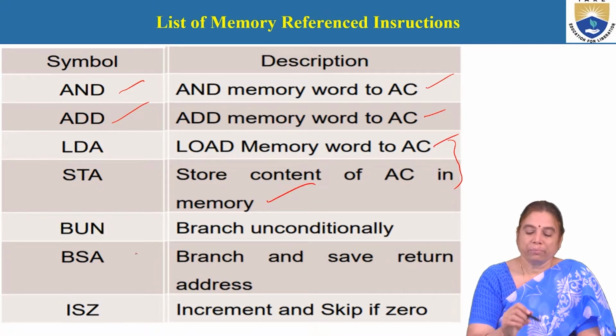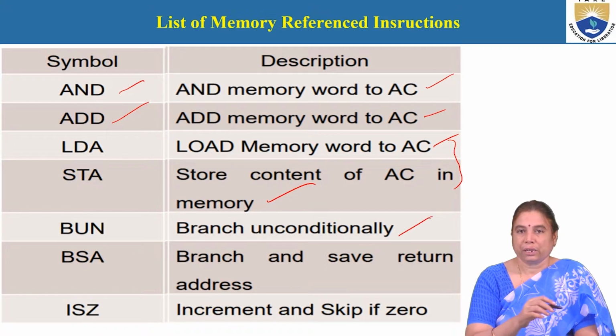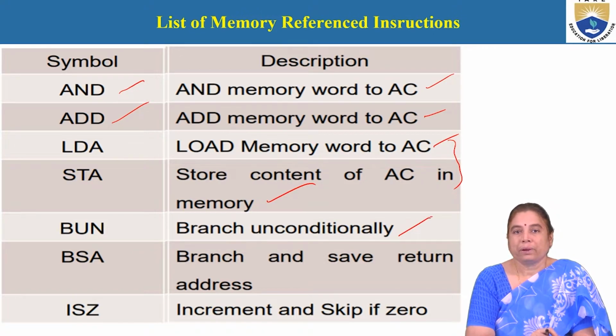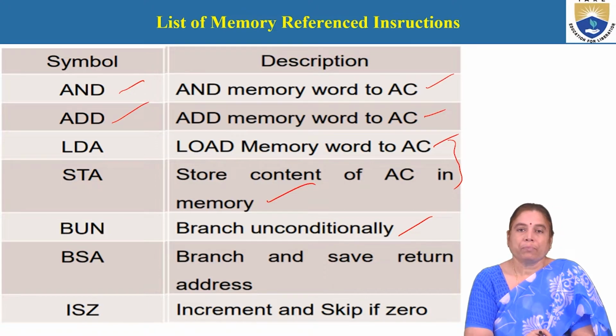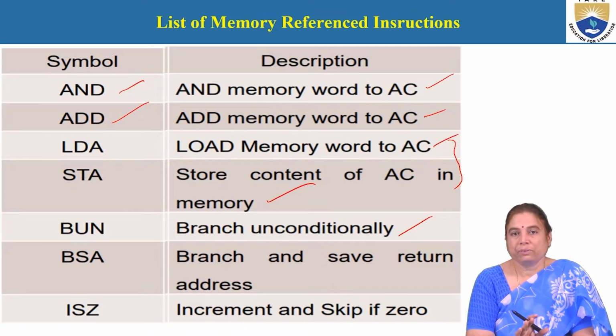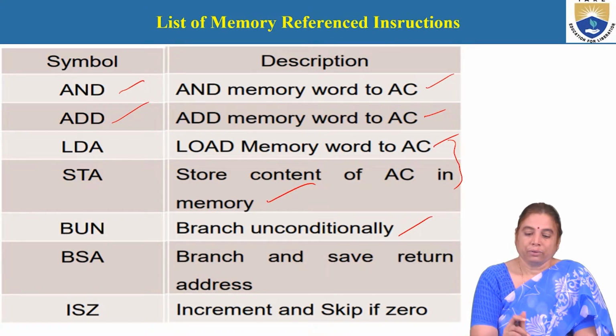Next, BUN means branch unconditionally. During branch operation execution, the execution sequence of the program is altered without checking any condition. So that is called branch unconditionally. BSA: branch and save return address.